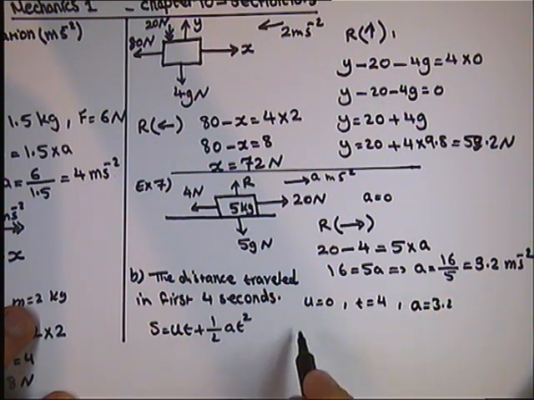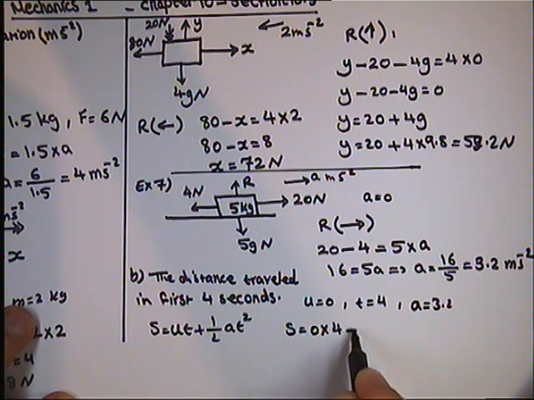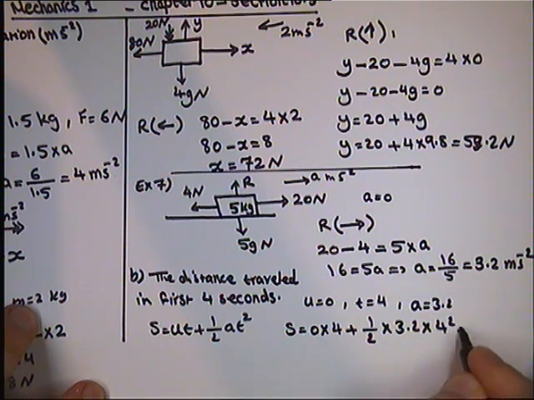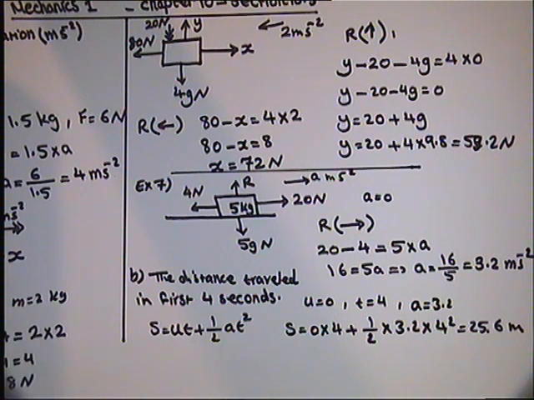Therefore we can apply the formula: S equals 0 times 4 plus half times 3.2 times 4 squared, which is 25.6 meters. The body moves a distance of 25.6 meters.